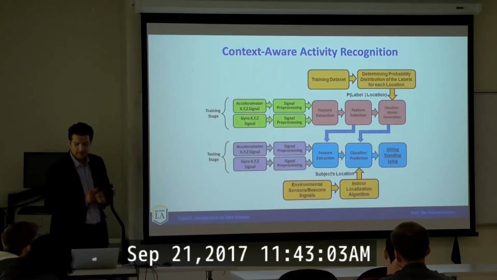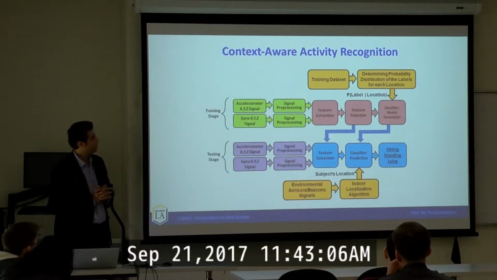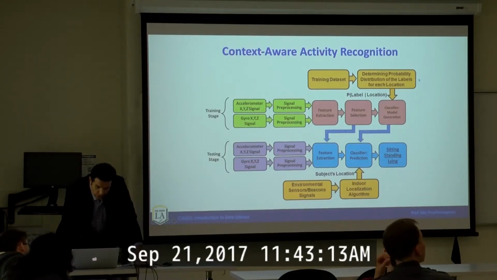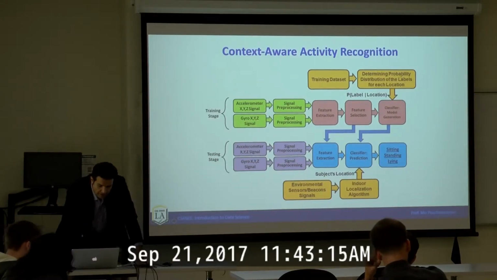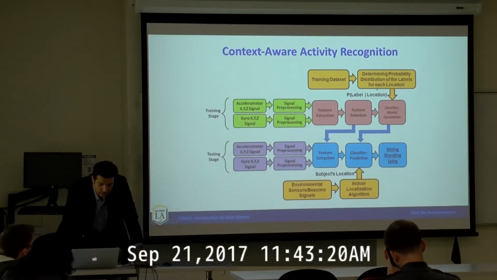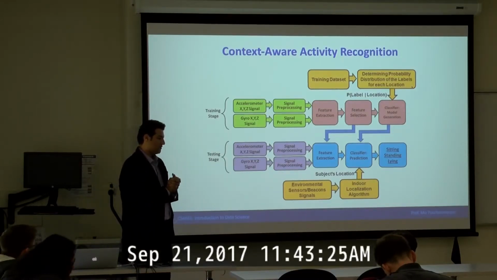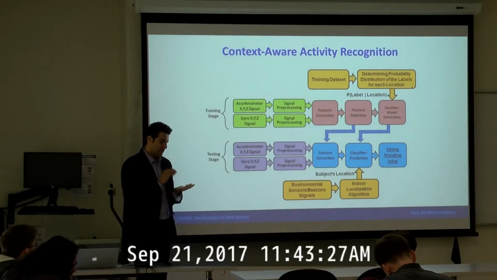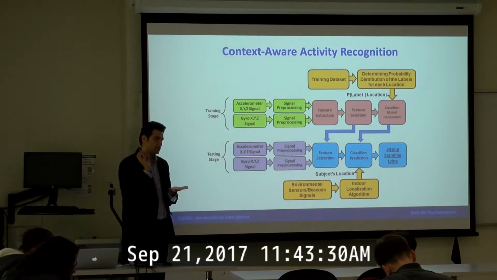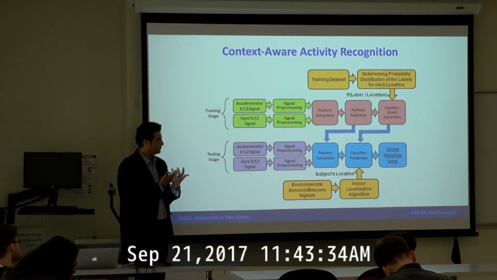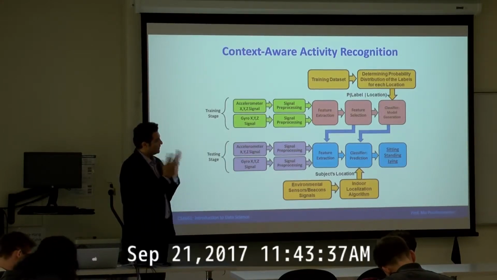Now, we modify the architecture of this prediction into this one. Here, based on some training data, in the training stage, we determine the probability distribution of labels for each location. So we find the probability of, for example, walking in the kitchen, running in the kitchen, sitting in the kitchen, lying in the kitchen, and so on, in every location.